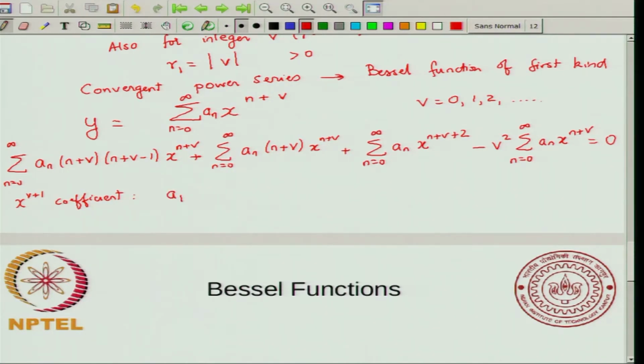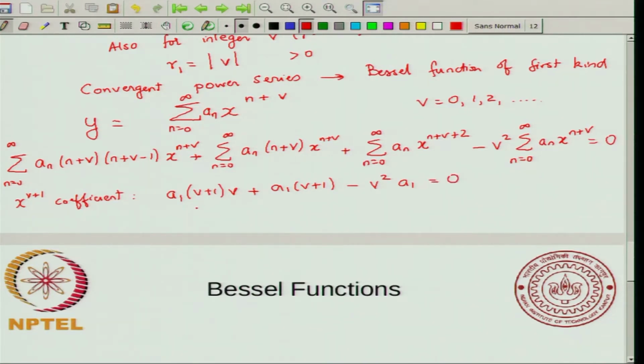So you get a1 times (v plus 1) times v. The second term will be a1 times (v plus 1). The third term can never give v plus 1 because it starts from v plus 2, so it will not even contribute to v plus 1. And then you have minus: for v plus 1, n has to be 1, so you have v squared a1 from here. And this is equal to 0.